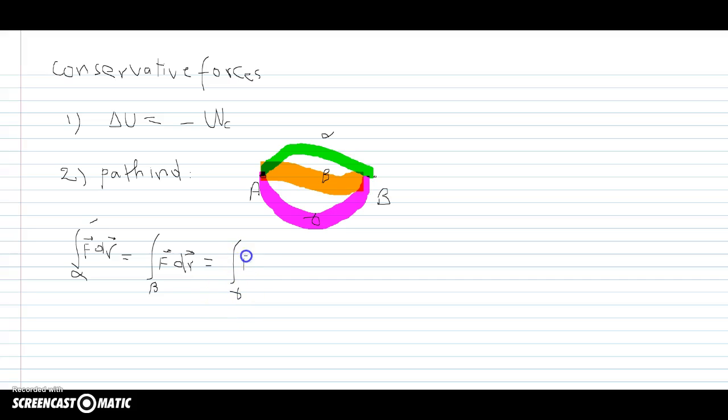That's the definition of work. We'll talk in the lecture about the concept of work and energy. They are similar. Now if this is true, because they are path independent, then the last characteristic is this.